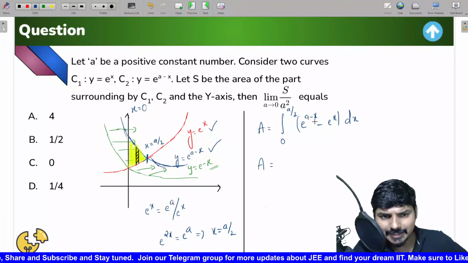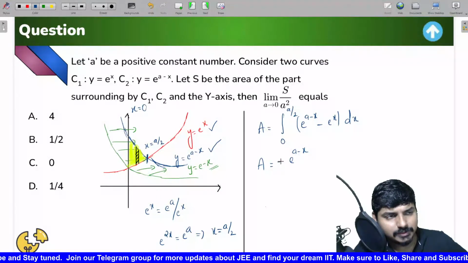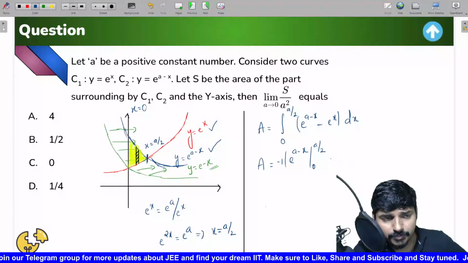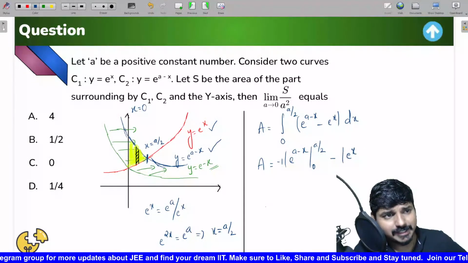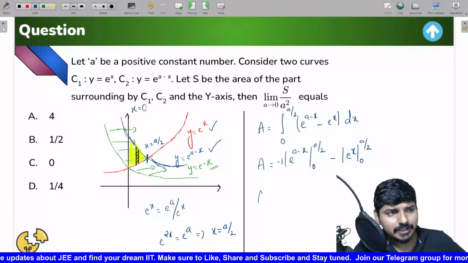Area is going to be: the integration of e raised to a minus x is minus e raised to a minus x, and let me apply the limits 0 to a by 2, minus the integration of e raised to x, e raised to x, and again the limits are 0 to a by 2. So from here I'm going to get the area.